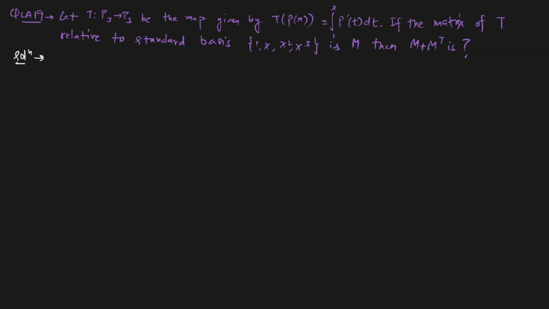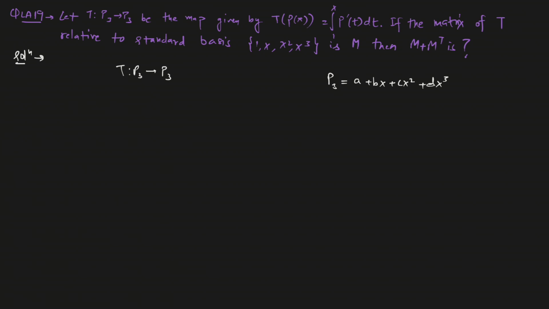Let's see question LA19. So we are given a transformation T which is from P3 to P3, where P3 is the space of third degree polynomials, that is, of the type A plus Bx plus Cx square plus Dx cube, right?